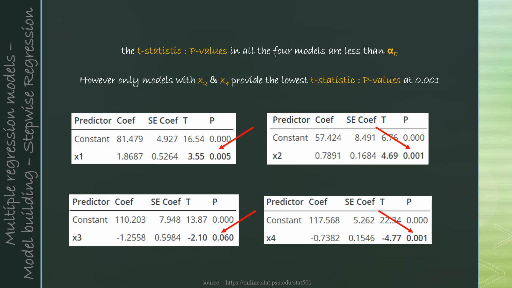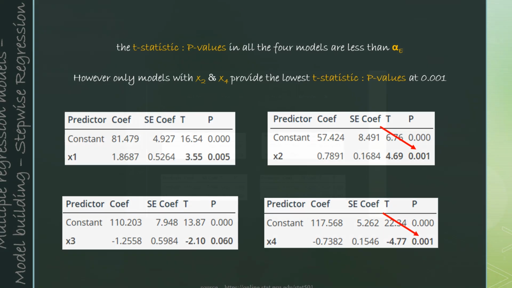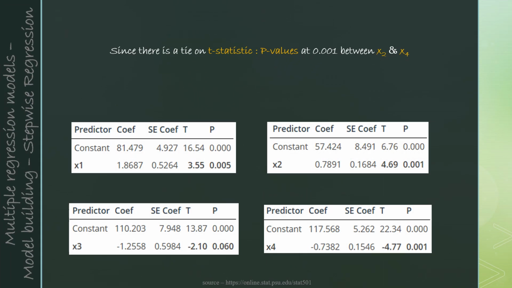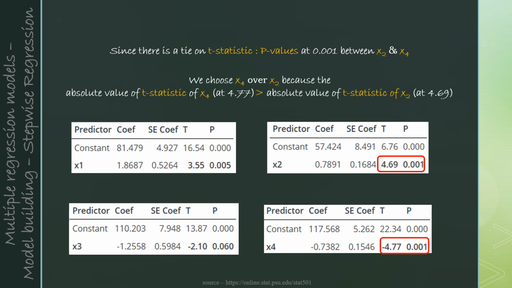However, only models with x2 and x4 provide the lowest t-statistic p-values at 0.001. Since there is a tie on the t-statistic p-values at 0.001 between x2 and x4, we choose x4 over x2 because the absolute value of the t-statistic of x4 at 4.77 is greater than the absolute value of the t-statistic of x2 at 4.69.